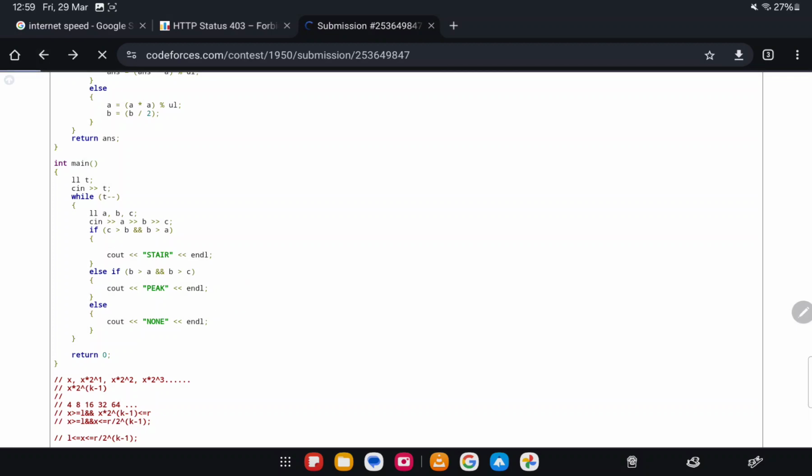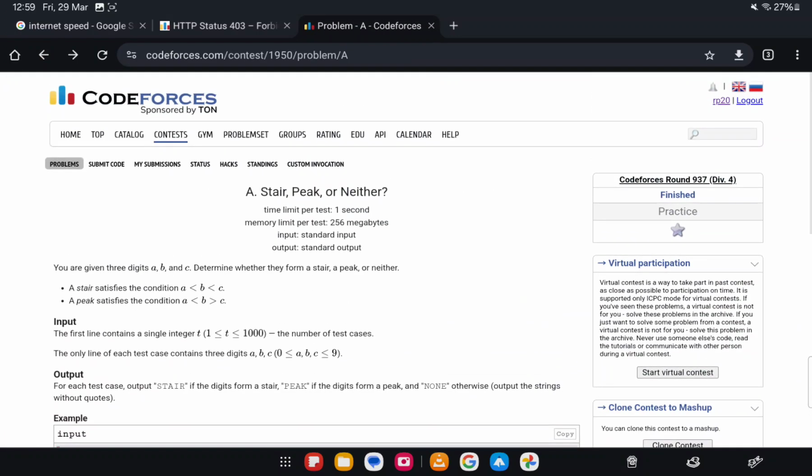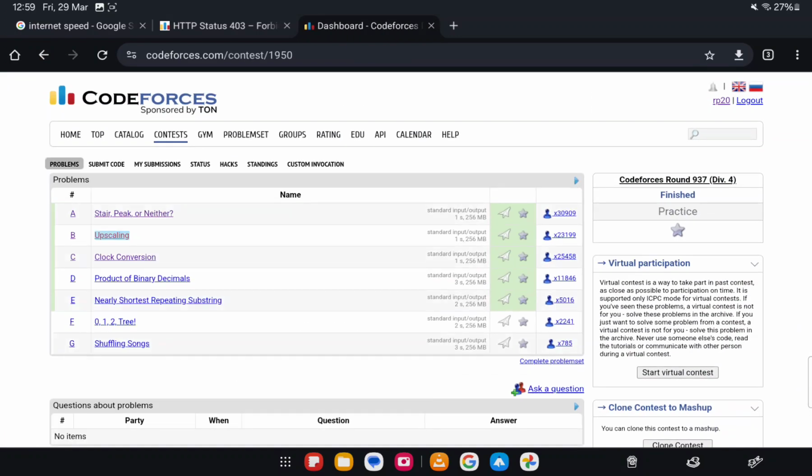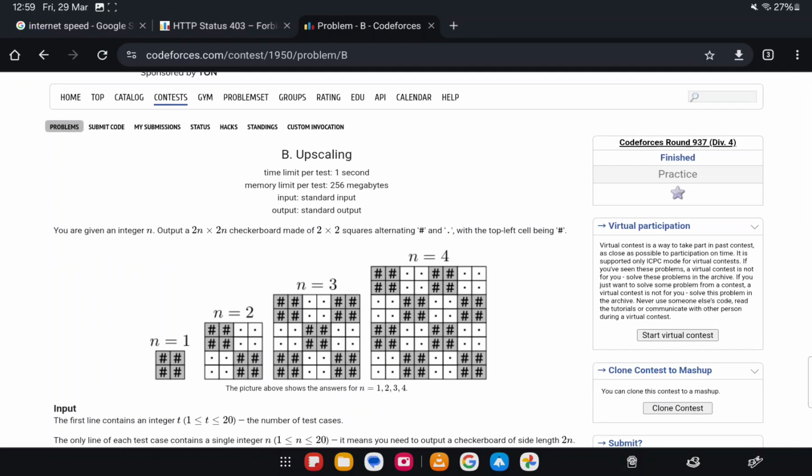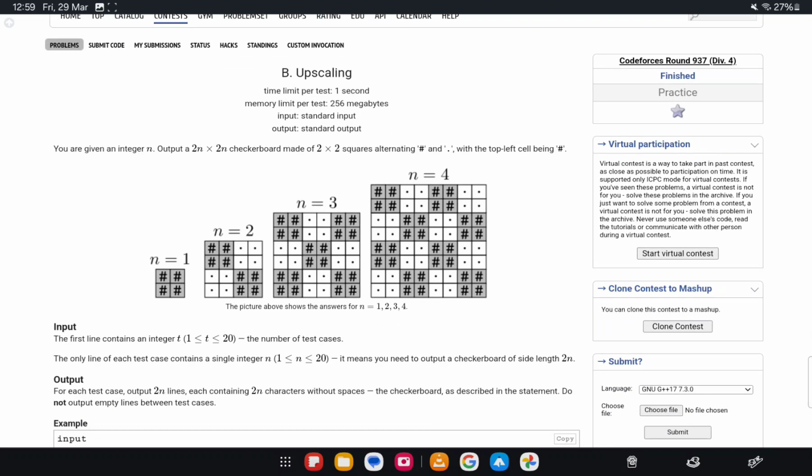Okay, now move to the second problem. The second problem was also one where you have to do exactly what has been said in the statement. Let me tell you the problem statement.